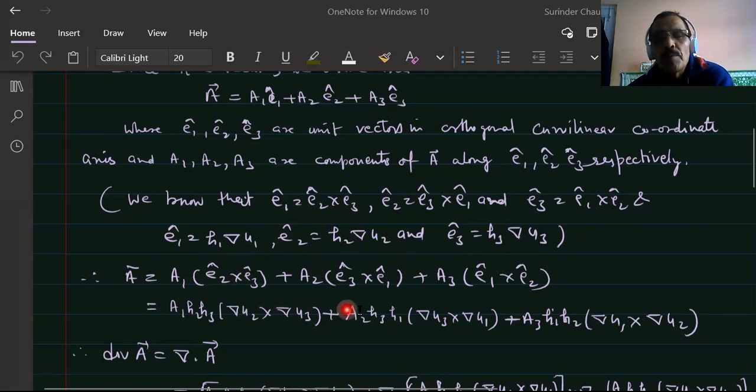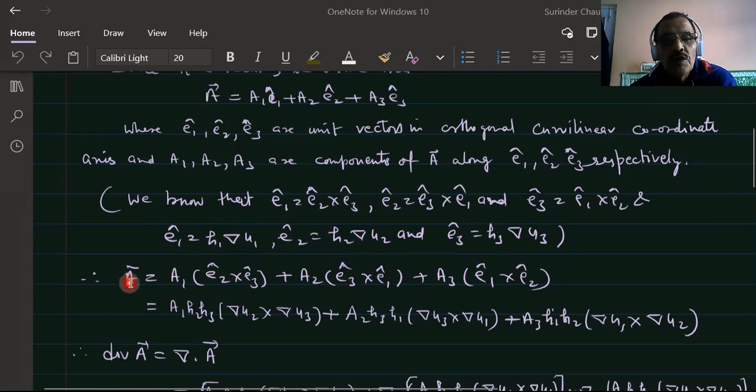This step is to be remembered here, otherwise you don't reach the conclusion. Then substitute the values of e2, e3 and e1, the unit tangential vectors, in terms of normal vectors.